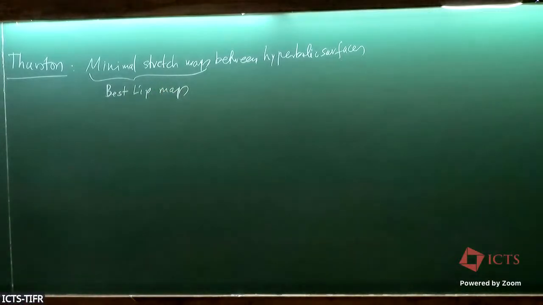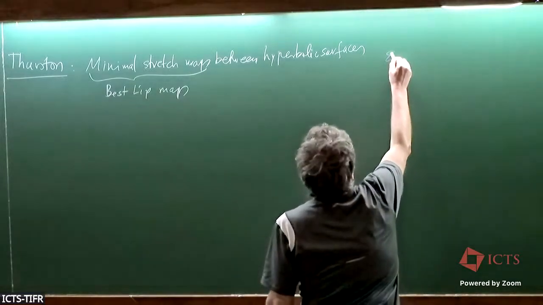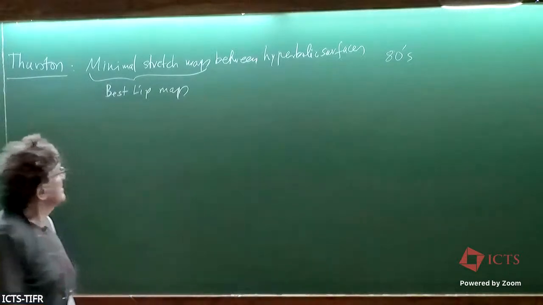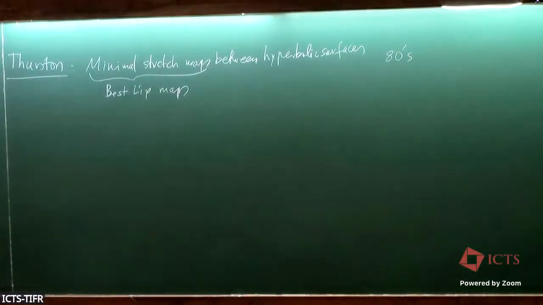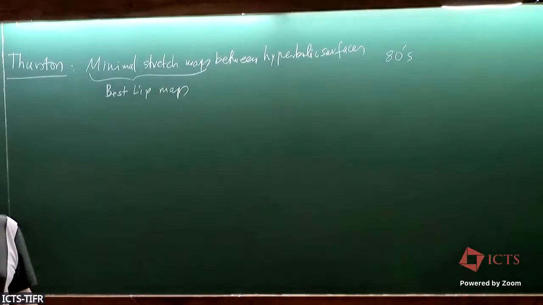So this paper was first written, I believe, in the 80s and was revised later. But best Lipschitz maps have existed for some time. And I would like to tell you a little bit about what was known before Thurston.